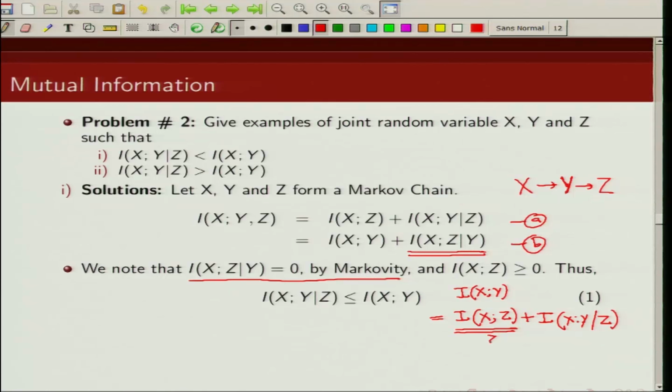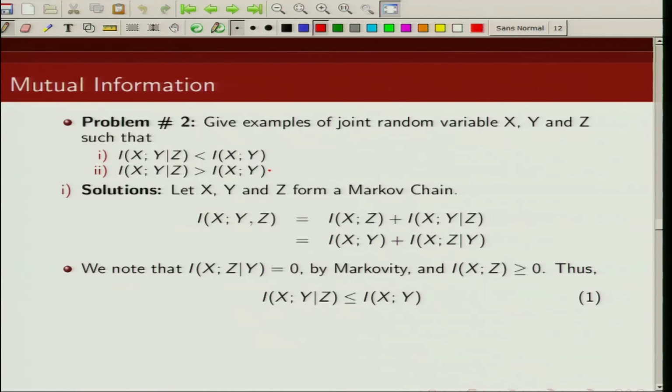So this quantity is greater than or equal to 0. So then what have we proved? We have proved that the mutual information between x and y is greater than or equal to the mutual information between x and y given z. So this we have proved.